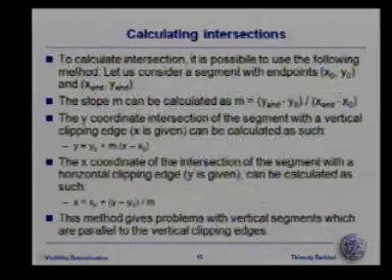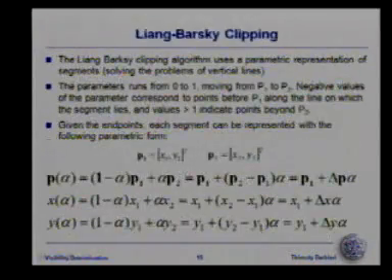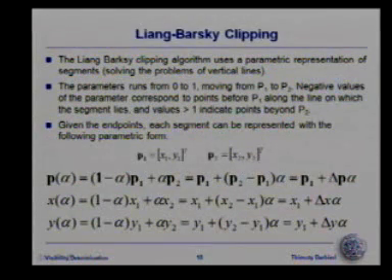The Liang-Barsky clipping is even more extreme. You find the intersections only where there are intersections, and you do not perform divisions to find the intersection. So this is really for extreme performance. You don't use division. You just use comparison to find not only if you have an intersection or not, but even to find where the intersection is.